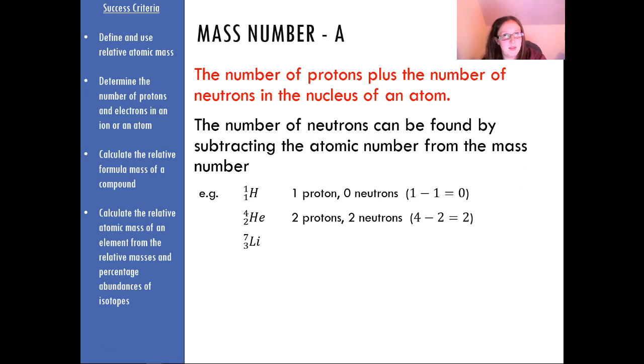Last one, lithium. If you want, pause it, give it a go yourself before you look at the answer. So for this one, my atomic number is 3, my mass number is 7, so I do 7 minus 3 to get my number of neutrons, and now I've got 3 protons, and therefore 4 neutrons. Okay? Again, pretty straightforward. Hopefully just a recap on something you already know from GCSE.